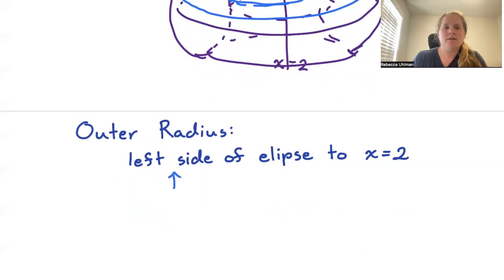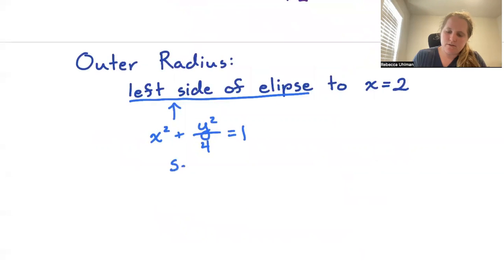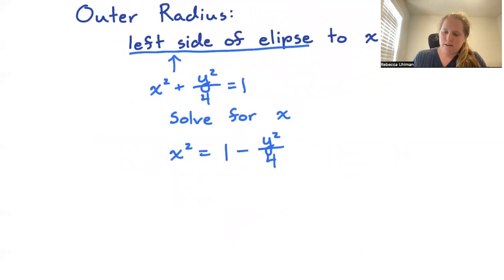For the left side of the ellipse, we had x squared plus y squared over 4 is equal to 1. We are going to solve for x. So x squared is 1 minus y squared over 4, and we get that x is plus or minus the square root of 1 minus y squared over 4.